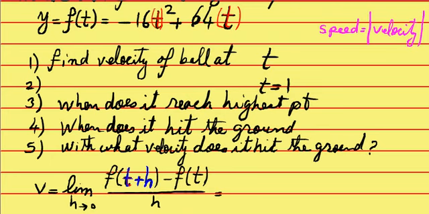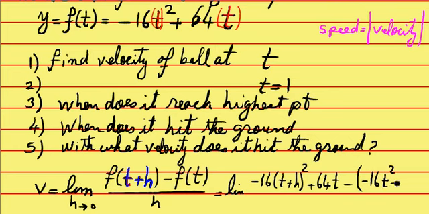So I'll have a limit of minus 16 times t plus h squared plus 64 times t plus h, minus f of t, just a copy of what we have, minus 16t squared plus 64t. The whole thing divided by h as h goes to 0.